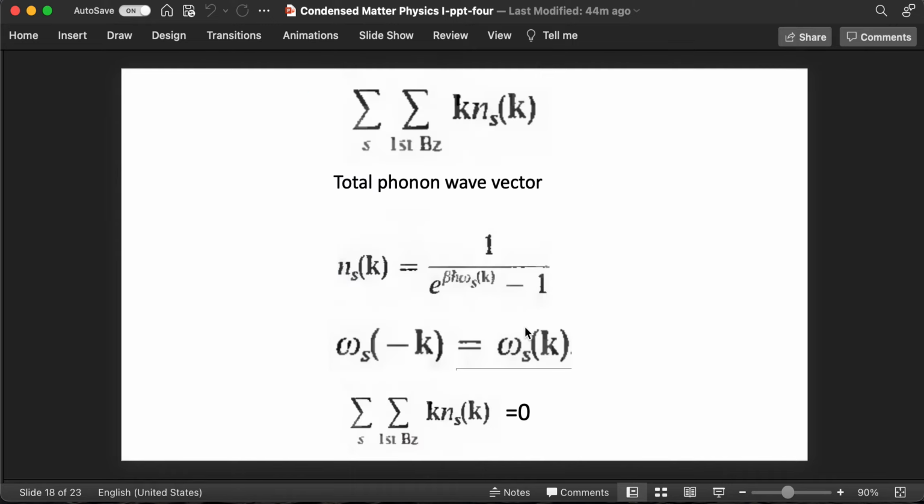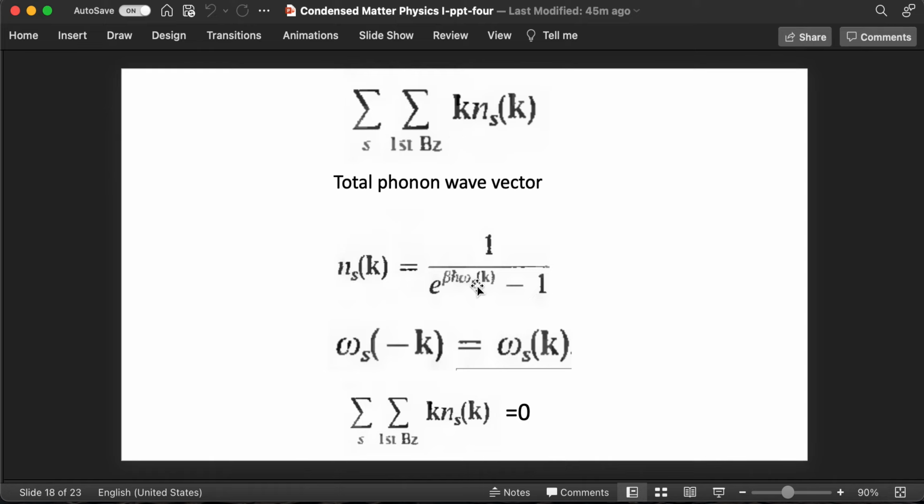The other way to look at it is, now suppose I calculate the total phonon wave vector. That is, in the first Brillouin zone, for each wave vector k, I find out the average number of phonons that occupy that energy state, that's just given by the Planck function, or basically the Bose-Einstein function with the chemical potential 0. This product I evaluate over the entire zone for all possible polarizations and so on.